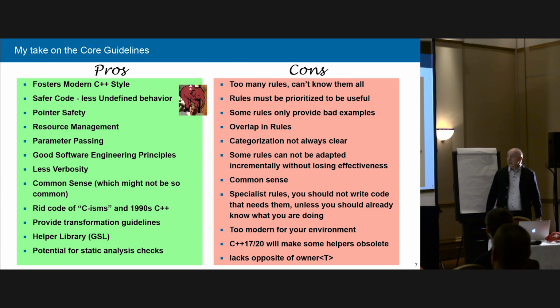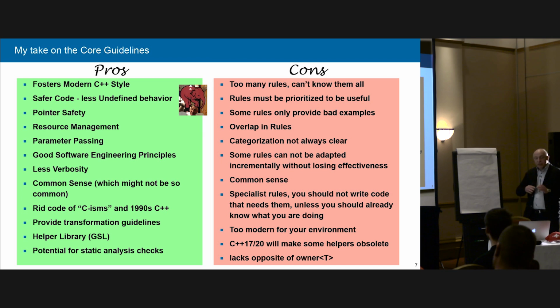And there is overlap, I already said that. The categorization is not always clear because we have these overall generalized rules, and then some specific rule might fit into several categories. The common sense is also something that's a problem.